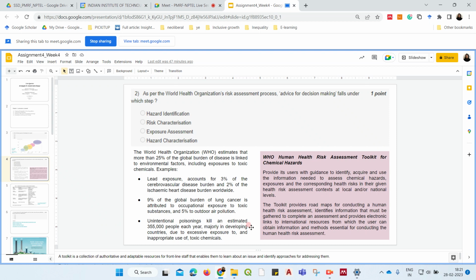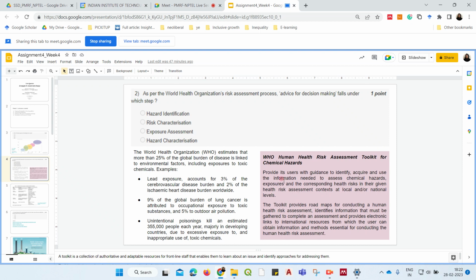So, to deal with all of these health risks which are attributed to exposure to toxic chemicals, or even to deal with health risks which are attributed to pollutants in the environment, WHO has created a toolkit which can be followed by decision makers who take decisions to mitigate the chemical hazard present in any situation.